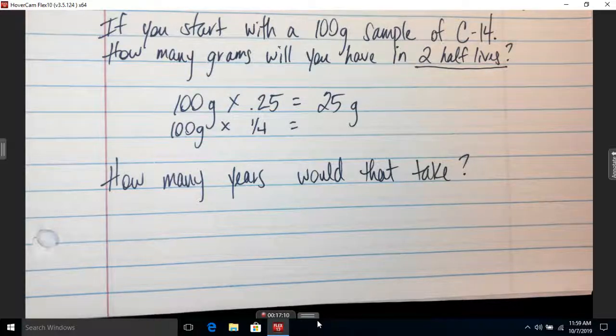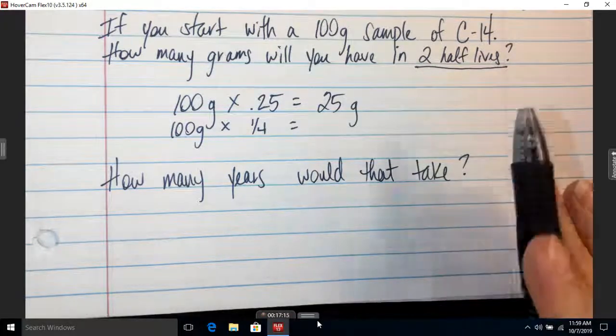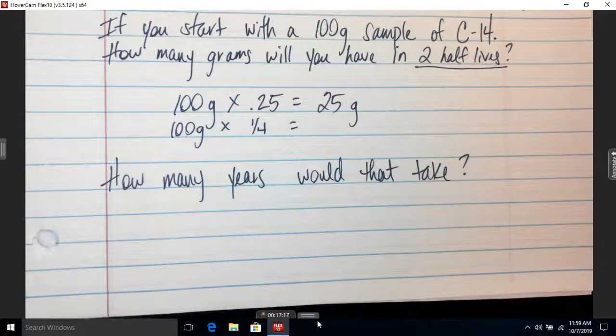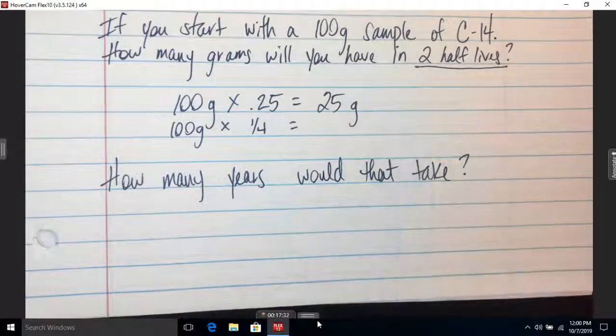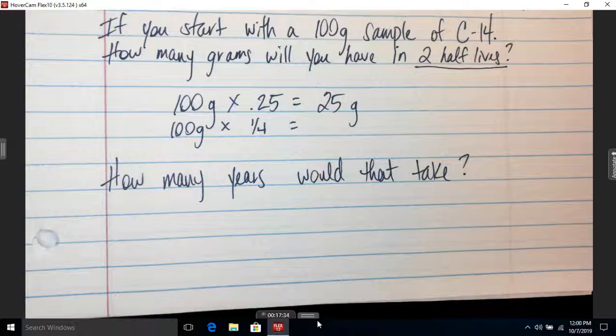You don't have a clue at all. Okay, so what do we know? What do we know right now from the first problem? There's 25 grams left after 2 half-lives. So we know that we've had 2 half-lives, right? Okay, I want to know how many years would 2 half-lives be, basically.